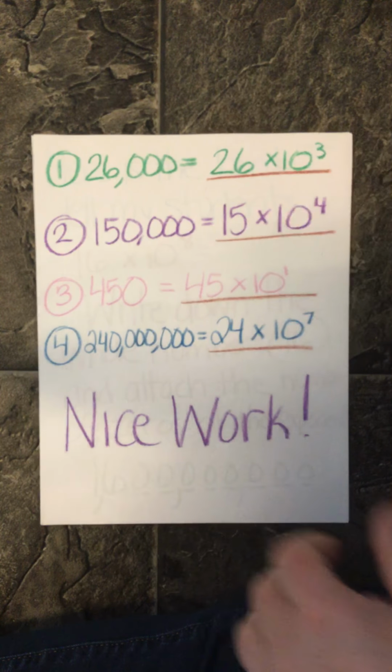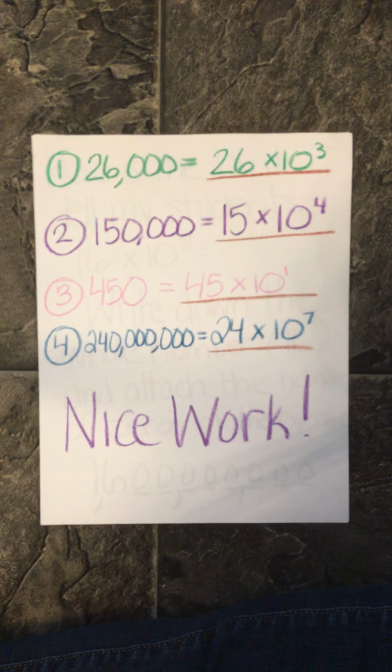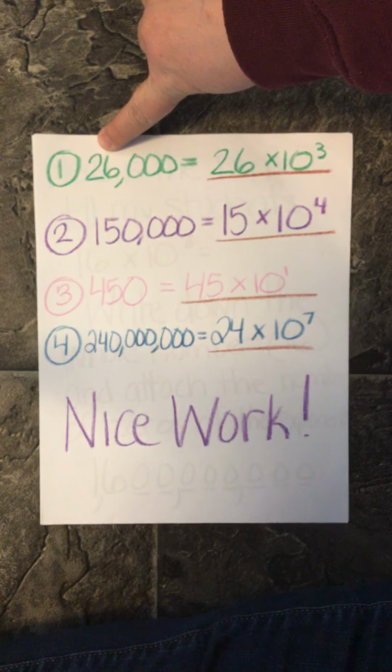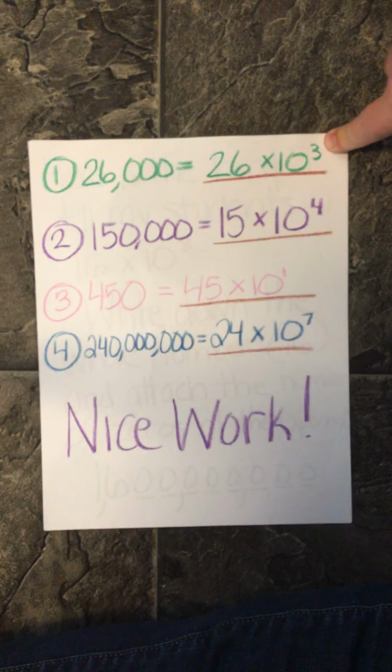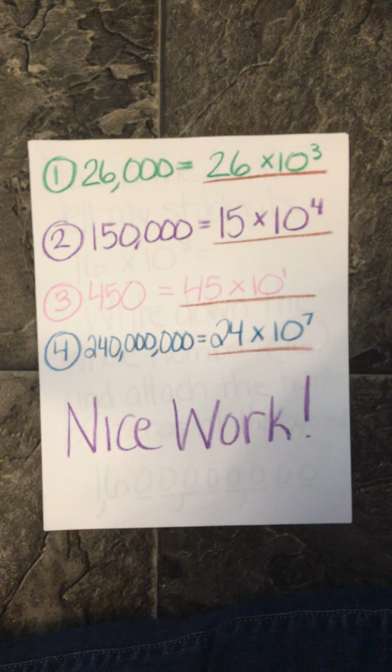I hope you guys did a good job with this. 26,000 equals 26, it has 3 zeros, times 10 to the 3rd power. 150,000, the whole number is 15, it has 4 zeros, so 15 times 10 to the 4th power.